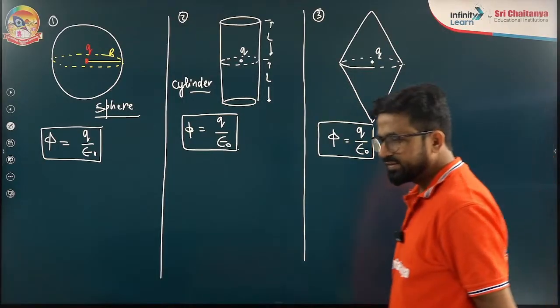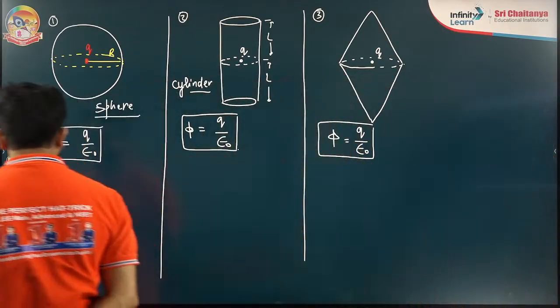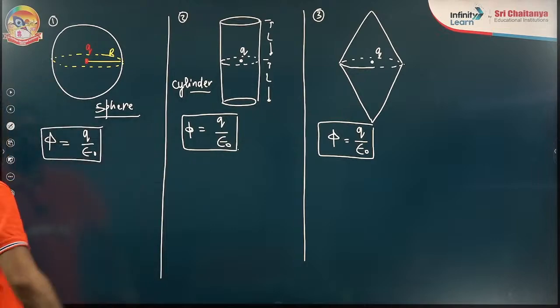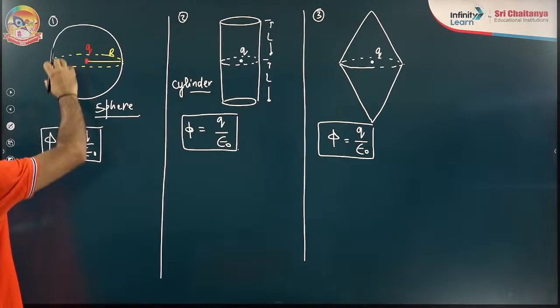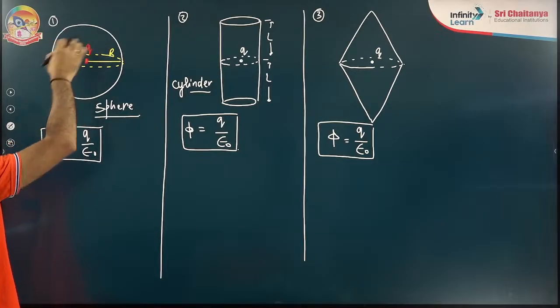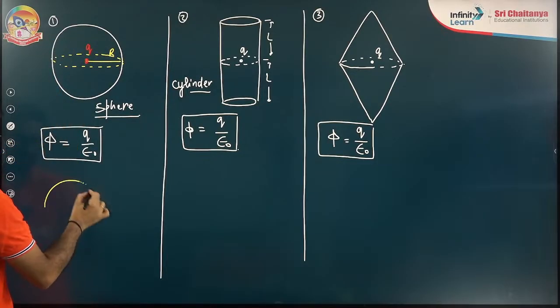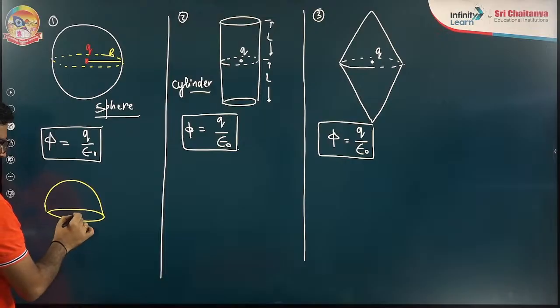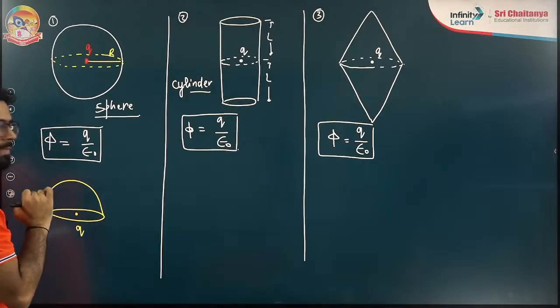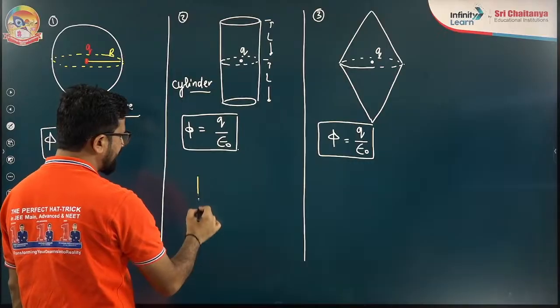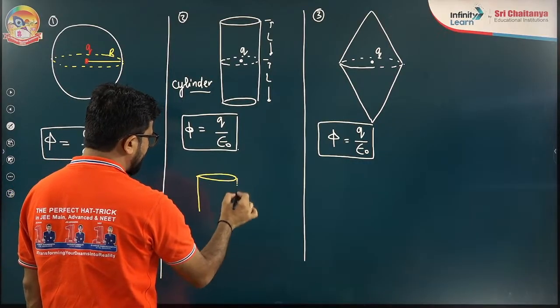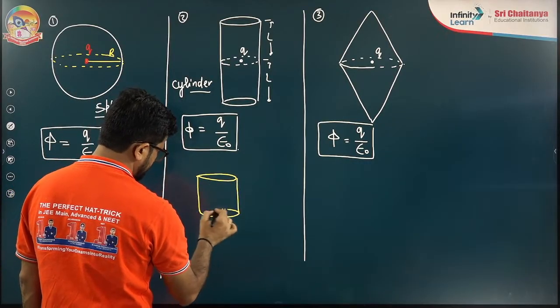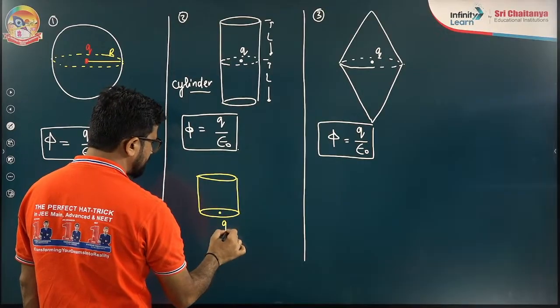Now, if it is clear, the second question comes to you, beta. Please focus. Suppose I am taking only the above hemisphere, and I am placing charge Q. Similarly, here also I am taking only the above half cylinder and placing charge q.